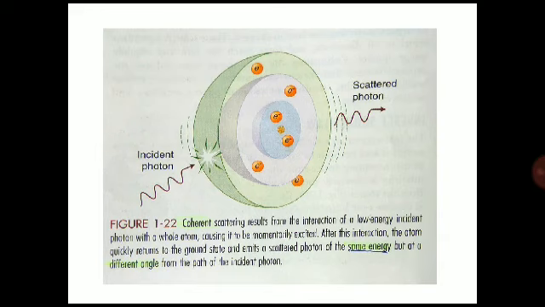So the atom only gets momentarily excited, but it quickly returns to stability, and a scattered photon is released at another angle. We can just say that the incident photon strikes an atom, but it couldn't produce an effect on the atom and comes out scattered in another direction. So incident photon with low energy and a scattered photon is formed. This is coherent scattering.